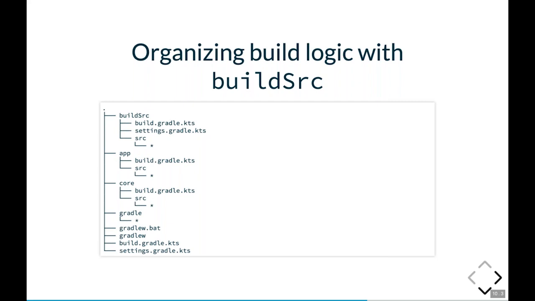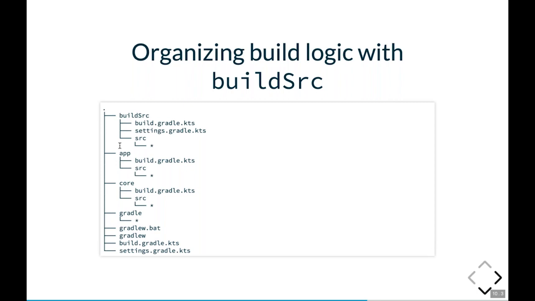Okay, so here we can see the layout. We see the same build again. If we start from the bottom, we have our settings script, our build script, the Gradle wrapper, our core module, our app module, and then we have this thing, the build source. We can already spot that it's a separate build because it has a settings script.